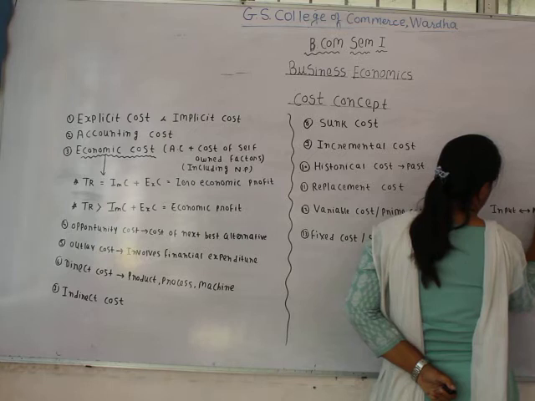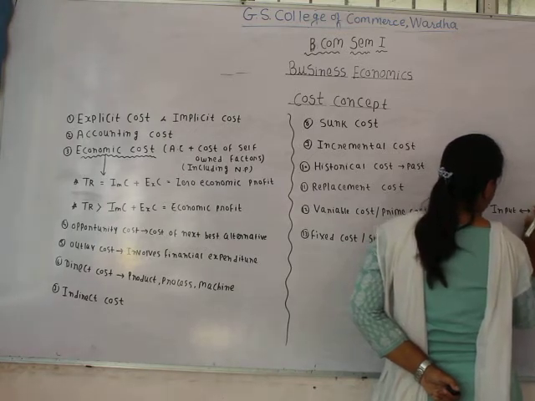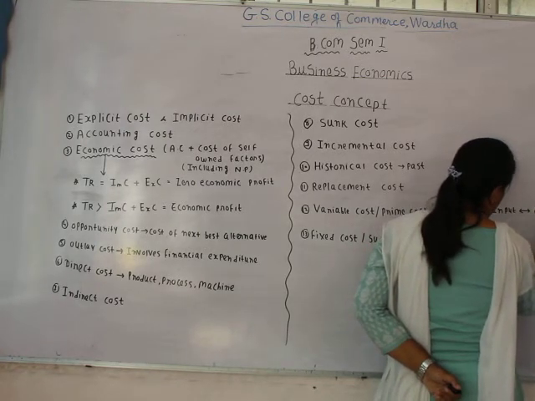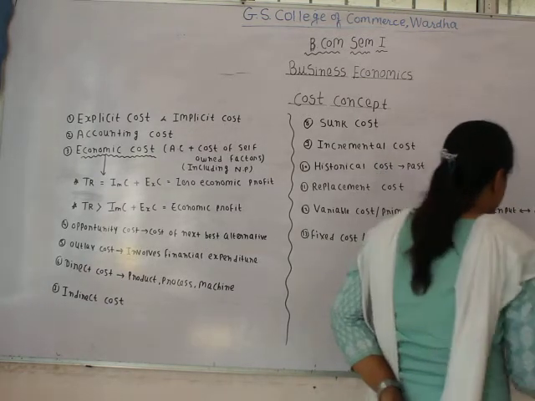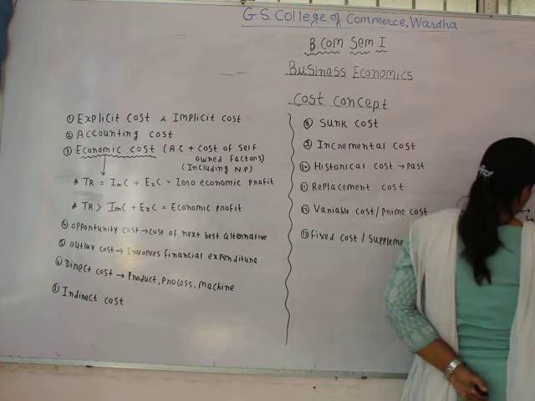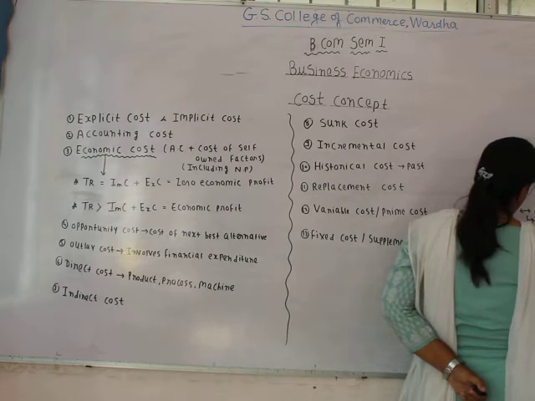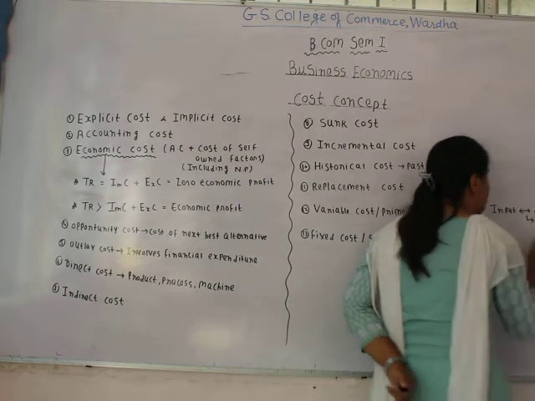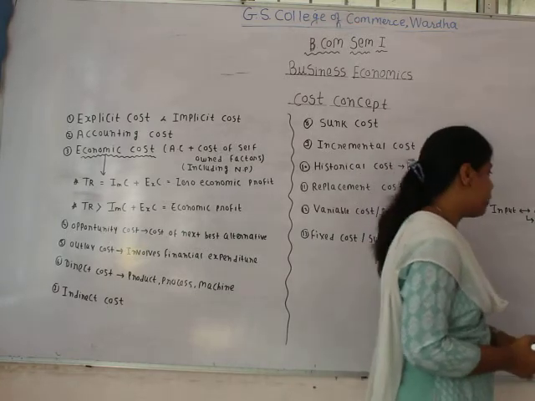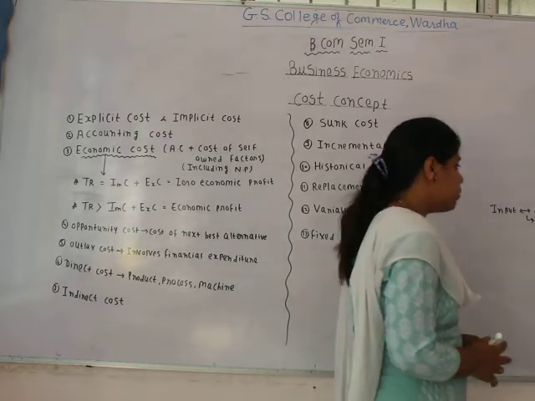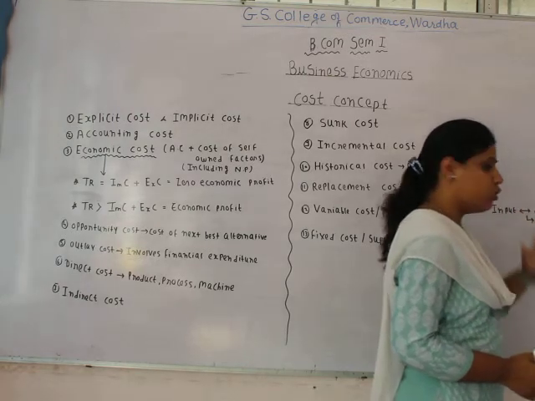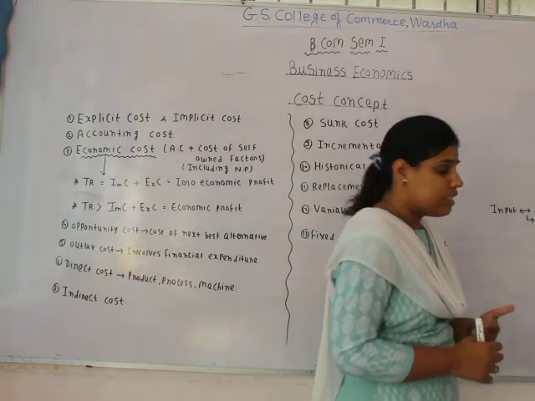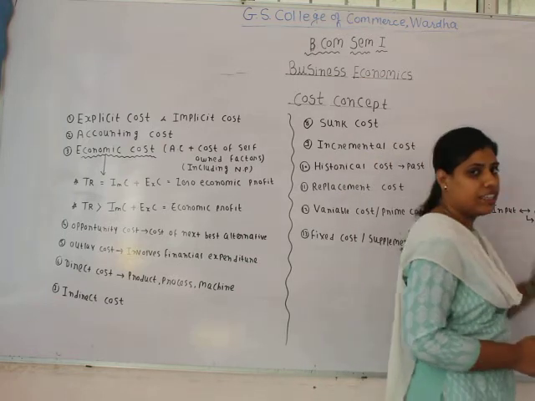Production function shows the relationship between physical input and physical output. Means how much amount of input you are putting in the production process, and due to that input how much change is there in your output. We have seen this in physical terms.